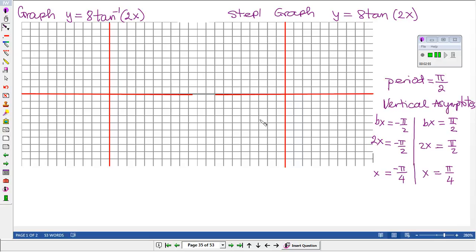So I'm going to go and plot those two vertical asymptotes. So this is negative pi over 4.